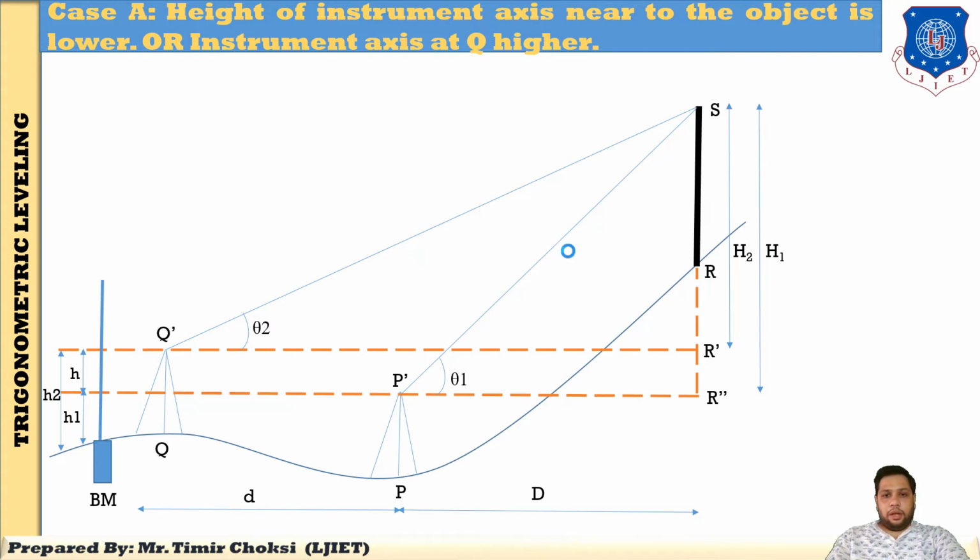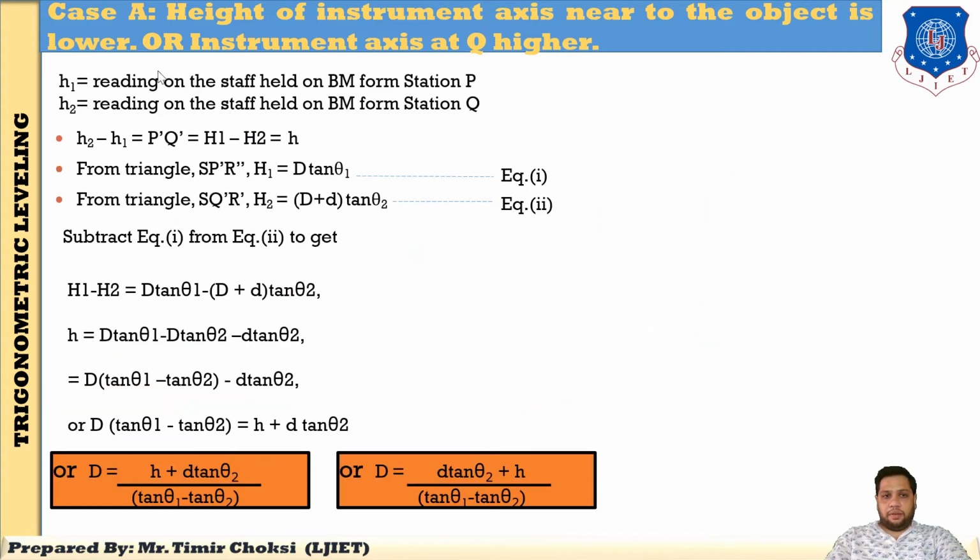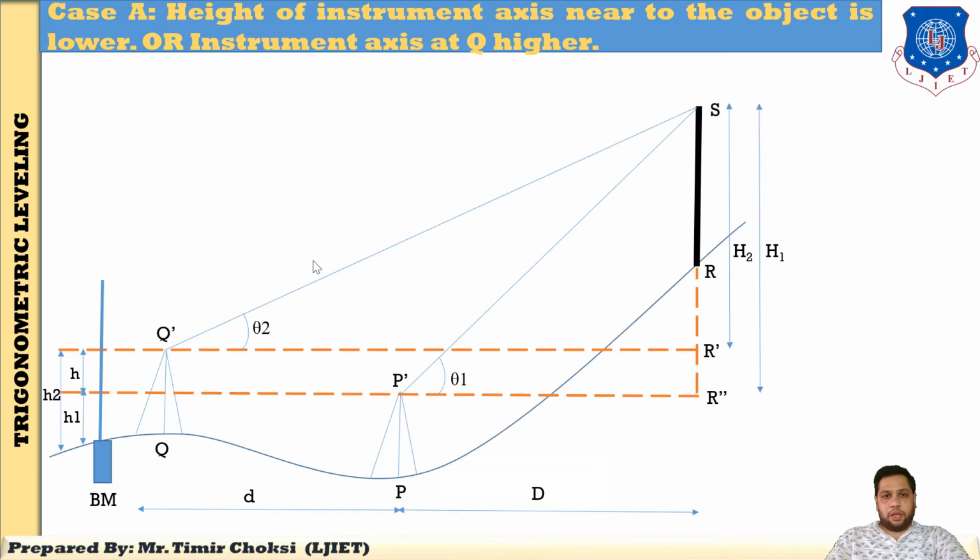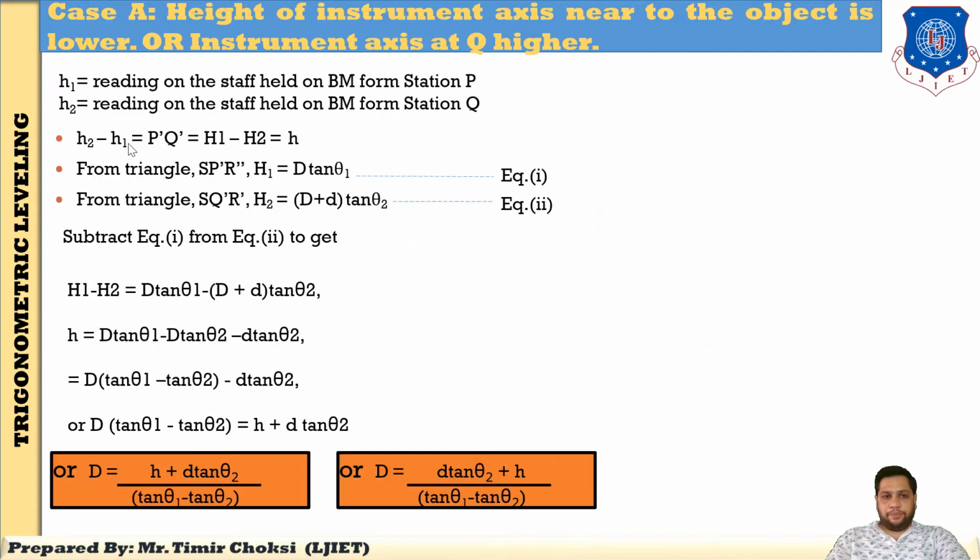Now after drawing the figure, first describe what small h1 and small h2 are. You do not have to describe all the elements, only small h1 and small h2, which I have already explained.